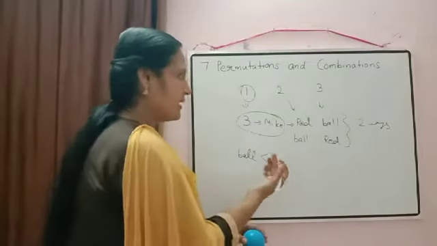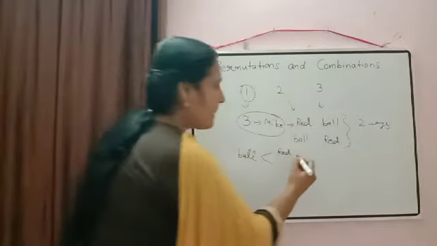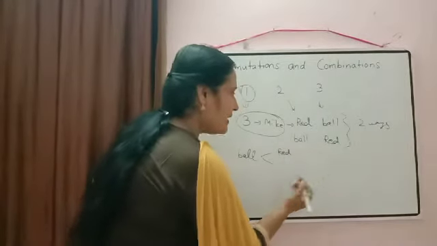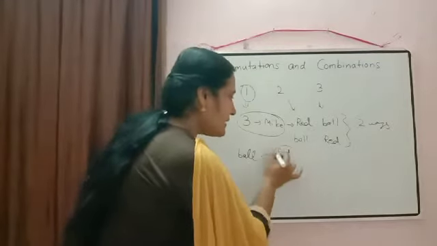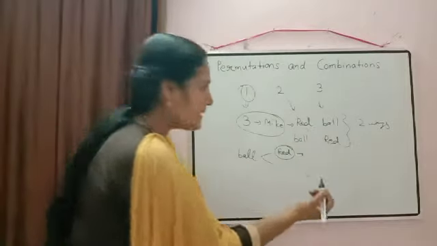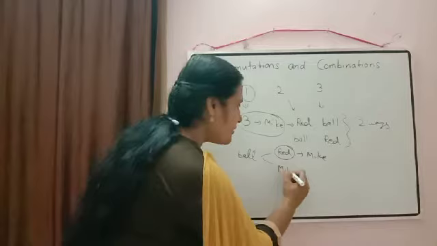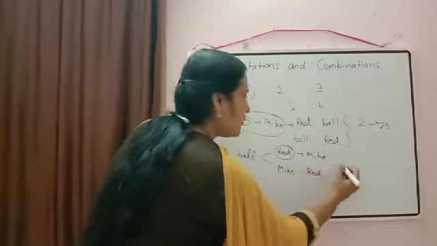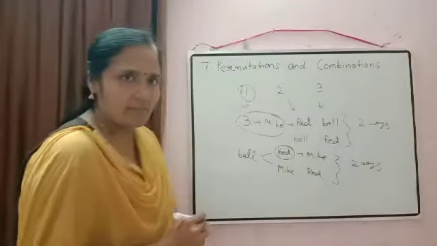The second child can choose the red object or the mic. If the second child selects the red object, then the third one obviously selects the mic, or it can be in reverse order also. So here also we have two ways of arrangement.